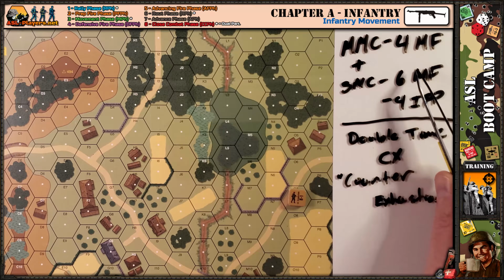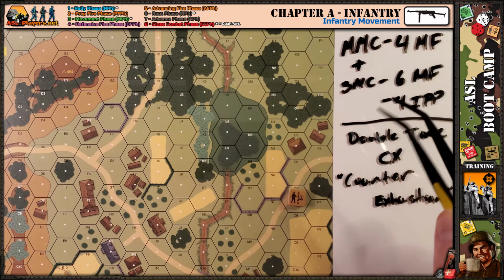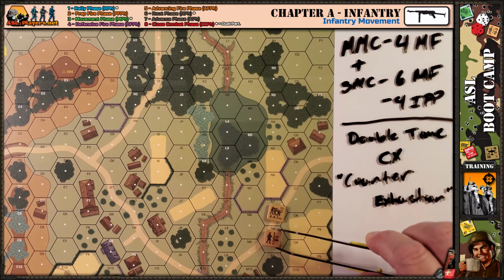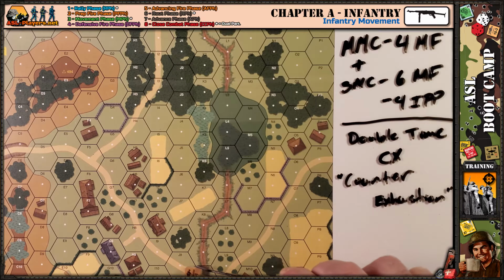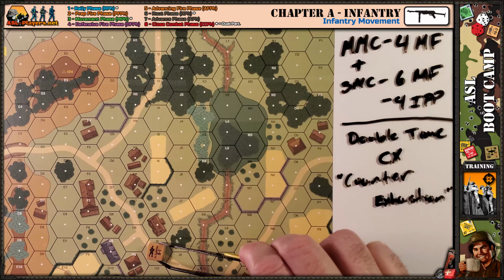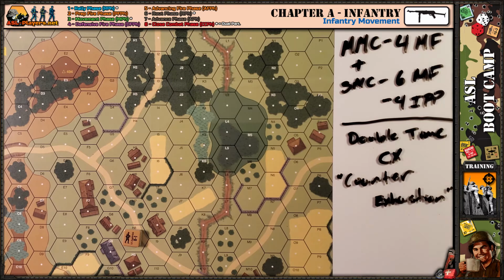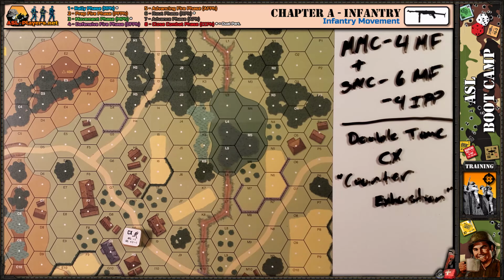It's a leader stacked with a squad, so they have 6 movement factors. Declaring double time gets me 2 more, so they have 8 movement factors. So they could go 1, 2, 3, 4, 5, 6, 7, 8. And there's a road bonus because I traveled all along the road. And then you would mark them with a CX counter, meaning they're counter exhausted.